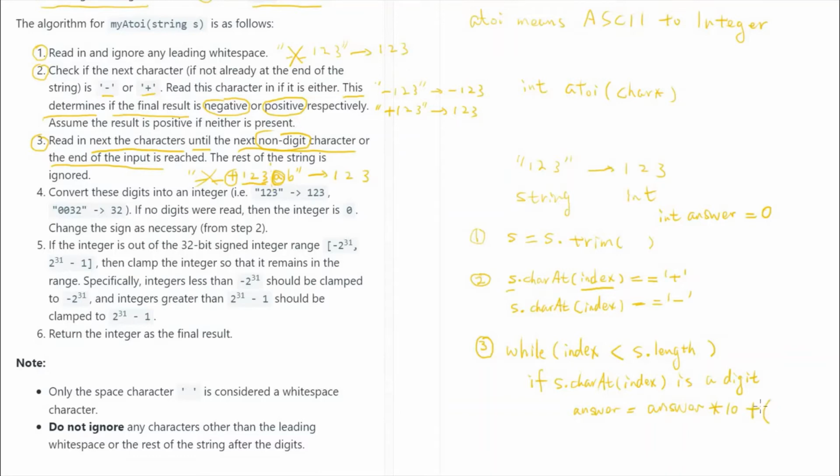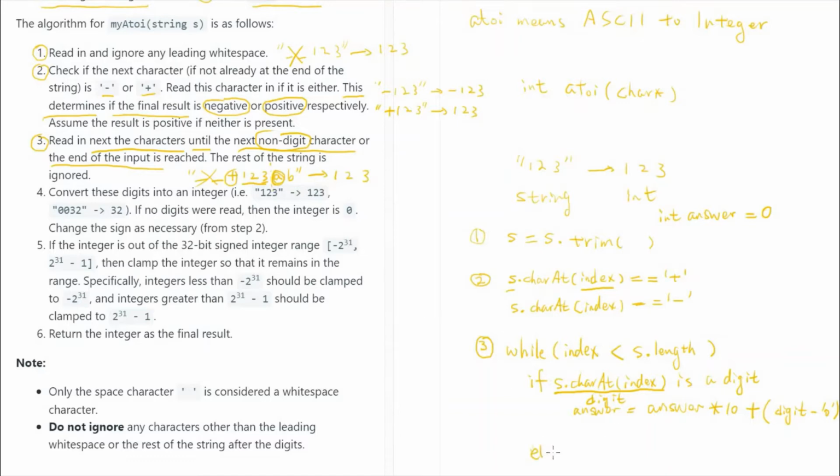Here, we need to convert the character into an integer. So here is a digit. The way to convert the character to an integer is to use the digit minus '0'. For example, if the character is '1', then '1' minus the character '0' will give you the integer 1.